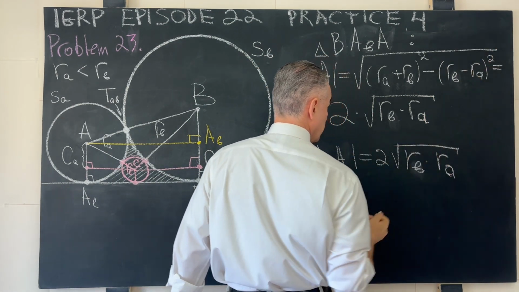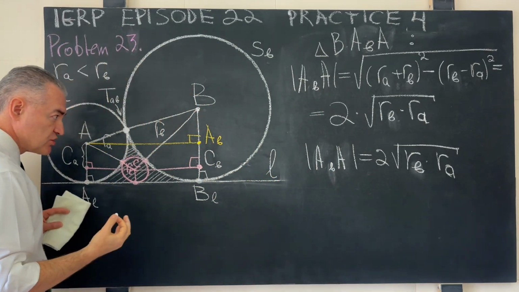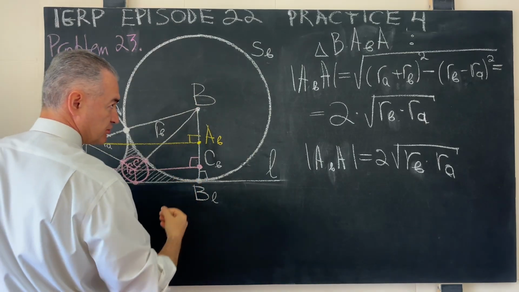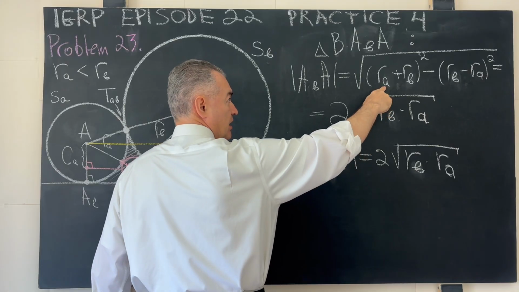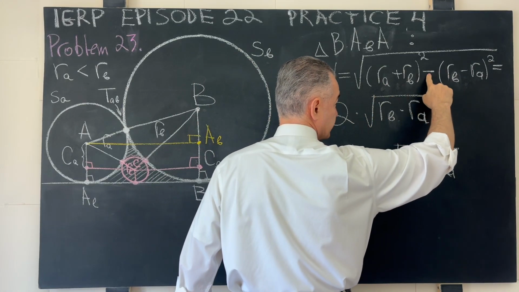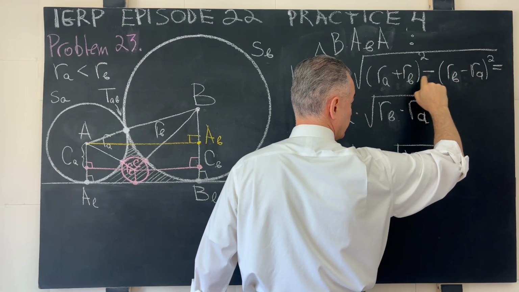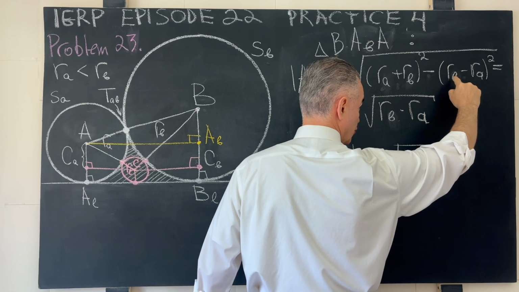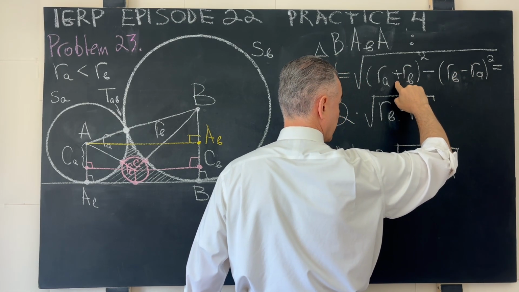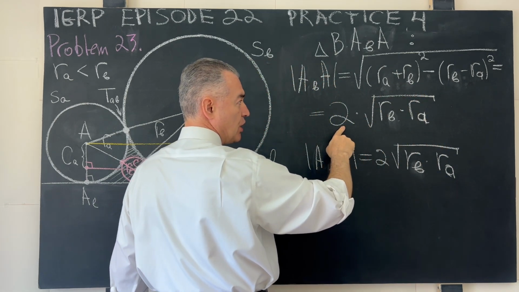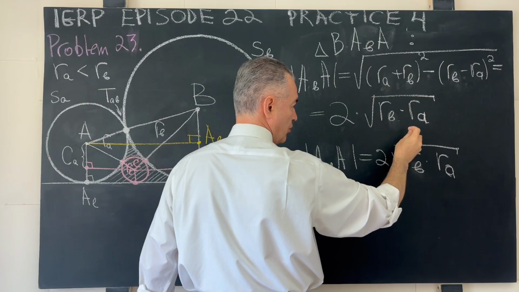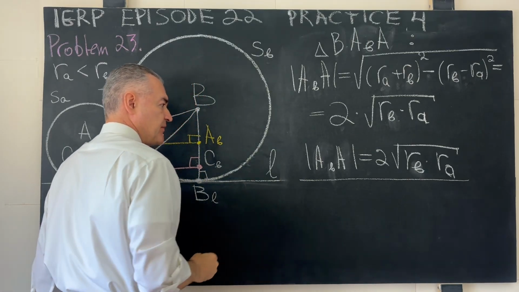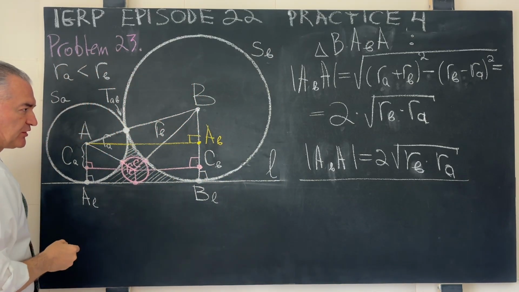It doesn't really matter, but it reflects the fact that structurally the situation is the same regardless of which circle is larger and which is smaller. Again, the arithmetic is the same. R squared of A minus R squared of A cancel out, R squared of B minus R squared of B cancel out, minus times minus, twice the product plus another copy of twice the product, 2 plus 2 is 4, square root of 4 is 2, so 2 times the square root of the product of the radii RB and RA. This is our result.